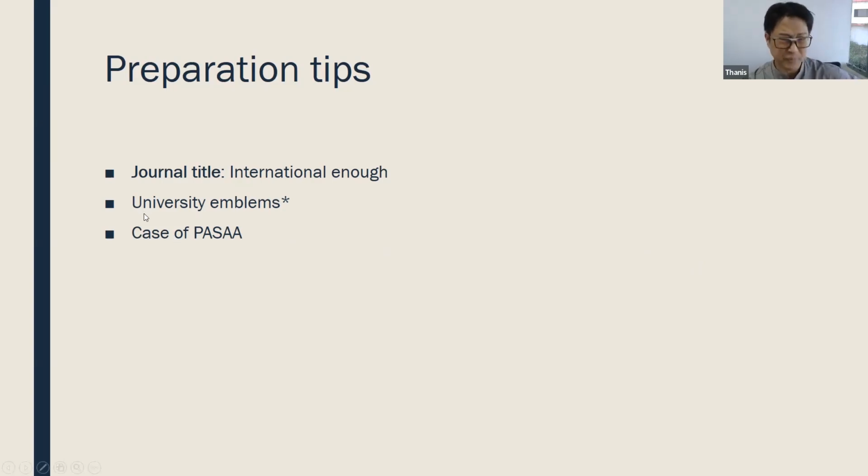Okay. Also, for Phasa, they put the Chulalongkorn Phra Kiao emblem on the journal. Ajahn Narongrit also asked for that emblem to be removed because it's not international. Before the issue was solved, I think they experienced a 2-year delay, because they were fighting over whether to keep or remove the emblem.